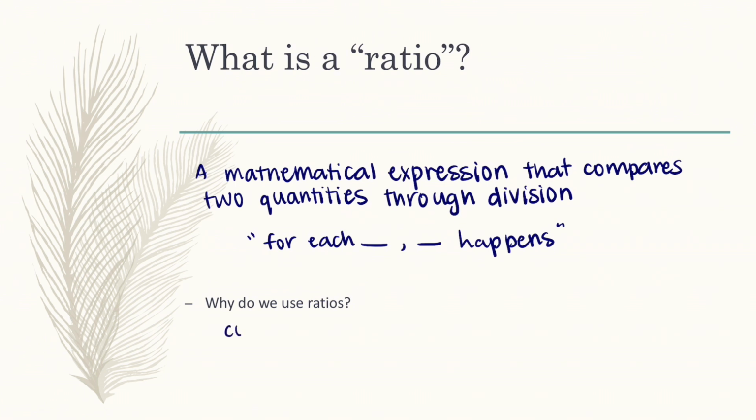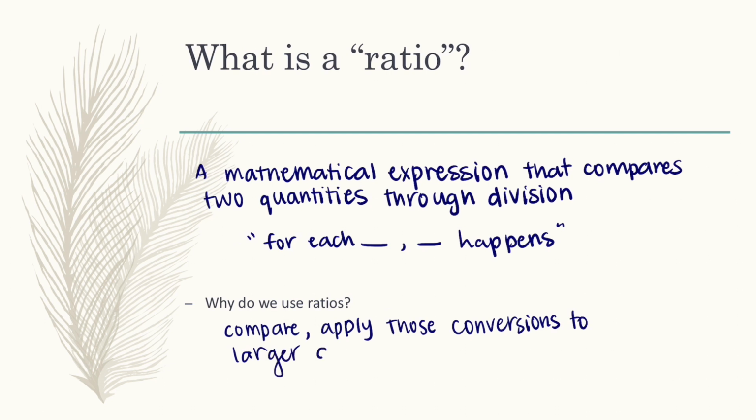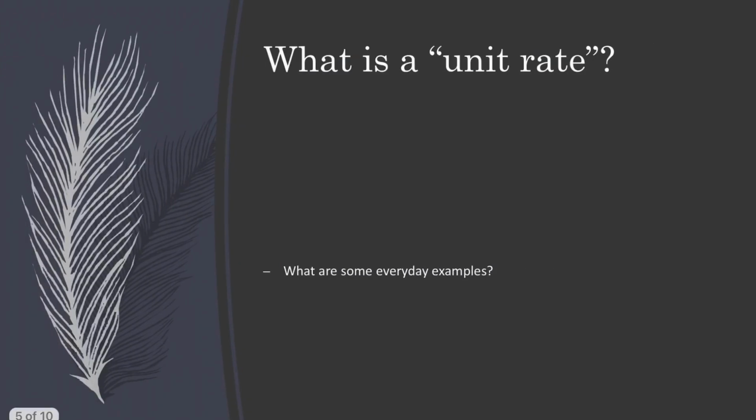We use ratios to compare things and then apply those conversions to larger quantities. In our last problem, we knew that for 1 hour we were going to travel 80 miles, and so I could use that ratio later to apply it to a much larger distance.